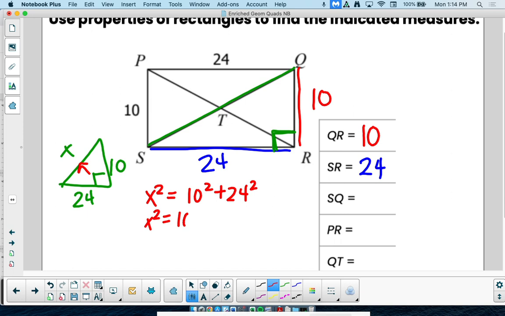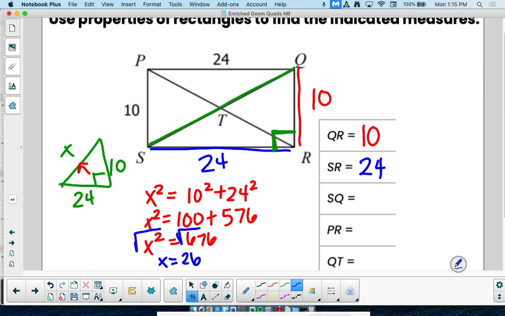10 times 10 is 100. 24 squared, I think it's like 576. Someone should correct me. Add them together, 676. Then square root, folks. 26. 26, very good. 14 is pretty close.